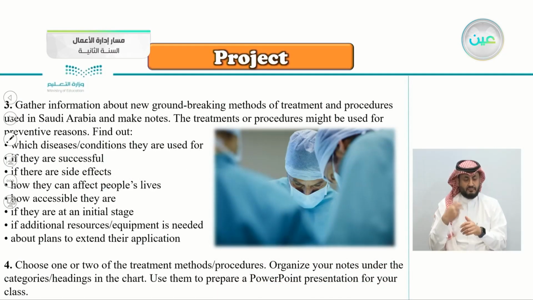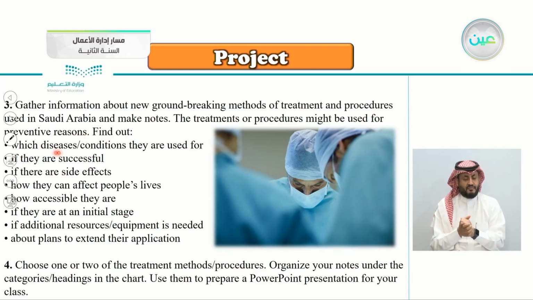Number 3: gather information about new groundbreaking methods of treatment and procedures used in Saudi Arabia and make notes. So try to learn about groundbreaking methods of treatment here in Saudi Arabia. The treatments or procedures might be used for preventative reasons.